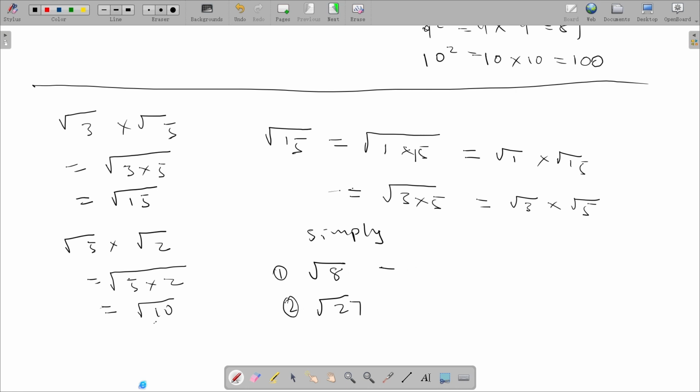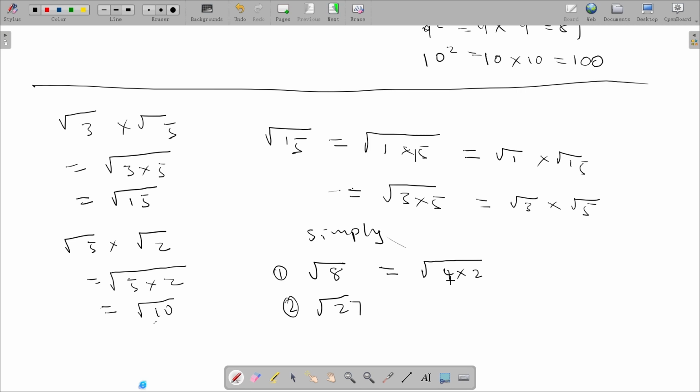From what we've just discussed, square root of 8 can be written as square root of 1 times 8 or square root of 4 times 2. The suggestion is to always look for a factor of the number which is also a square number.